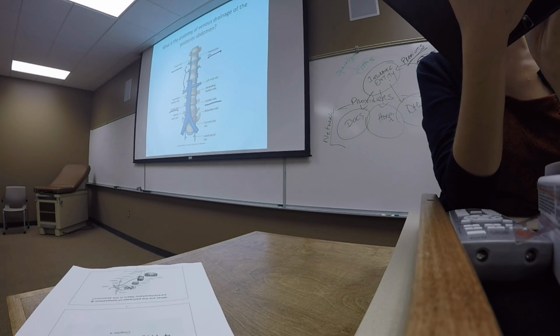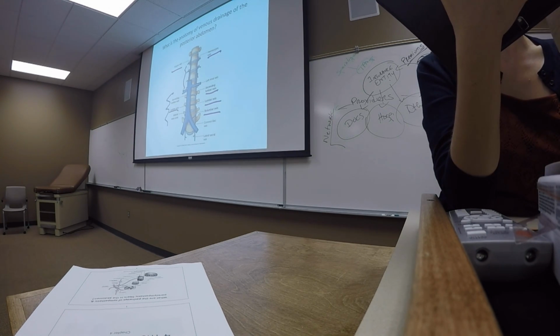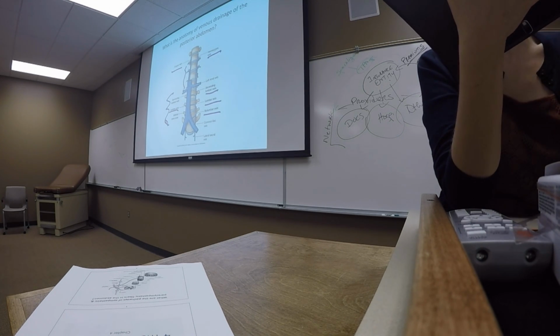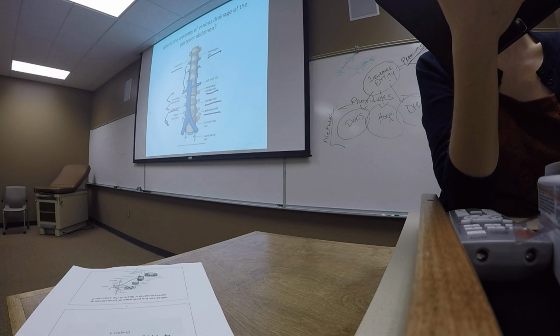We have several different versions: iliolumbar, ascending lumbar, and then just lumbar veins. Just know them as those veins that supply or drain the same areas that the lumbar arteries supply. So this is going to be draining the posterior abdominal structures.